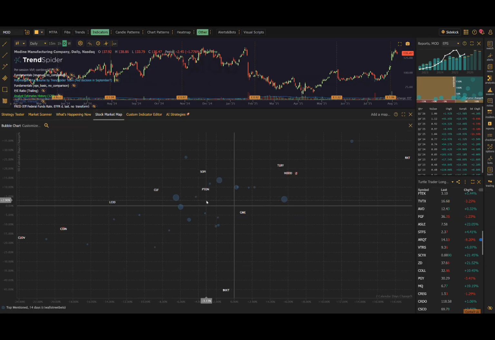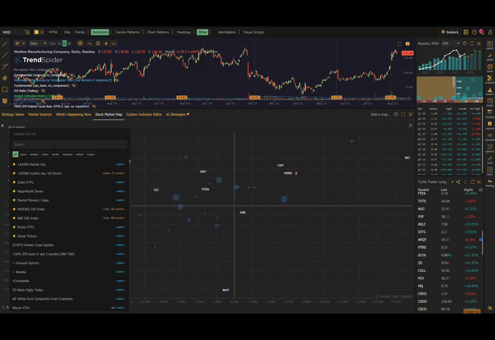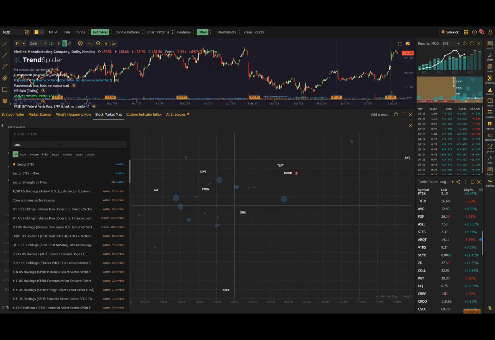Another thing we have down here is the stock market map. And what you can do here is basically use what's called bubble charts based on a list of symbols. So for example, I like to use this with sector ETFs.